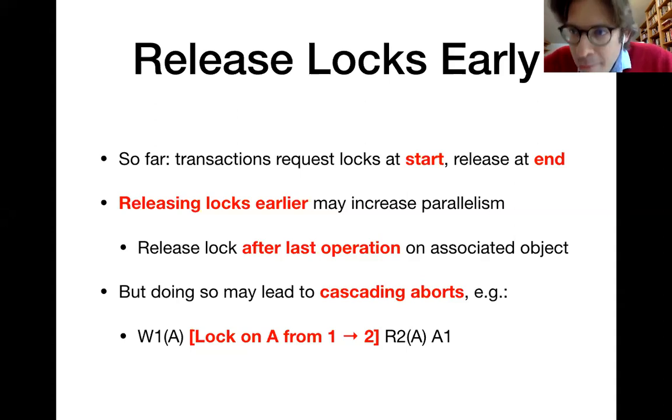It can be a good idea because it might again allow more transactions to proceed in parallel. On the other side, if you allow this, then you might have cascading aborts. And as a little reminder, what is a cascading abort? If a transaction aborts, it generally means that all direct and indirect effects of this transaction should completely vanish from the database.